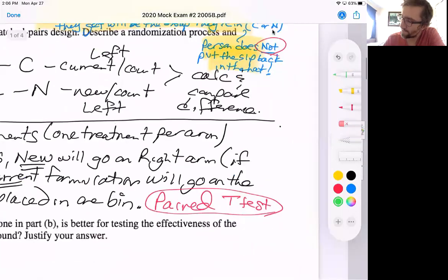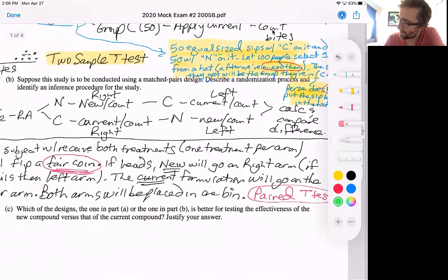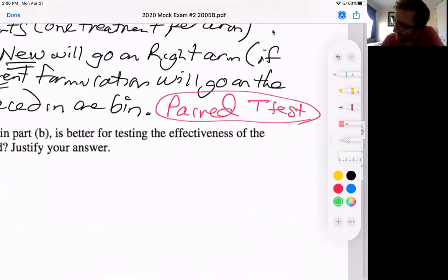Whereas this question, for a paired t-test, you would have the null would be the mean of the difference, new minus current equals 0. Notice we only have one mean, really important. With a two-sample t-test, we have two means.